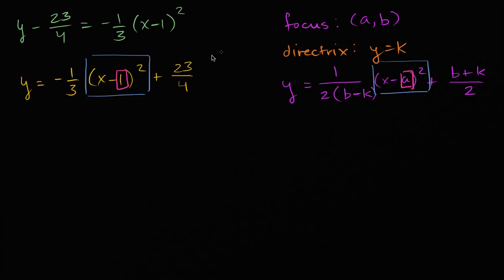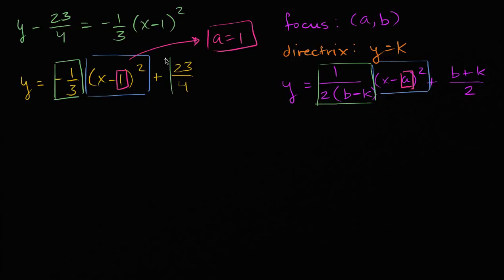So we know that a is equal to 1 in this example. And the negative 1/3 corresponds to the 1 over 2 times (b minus k). And the 23 over 4 corresponds to (b plus k) over 2.